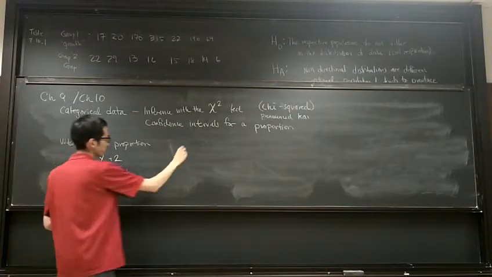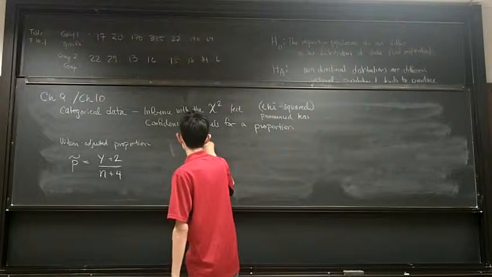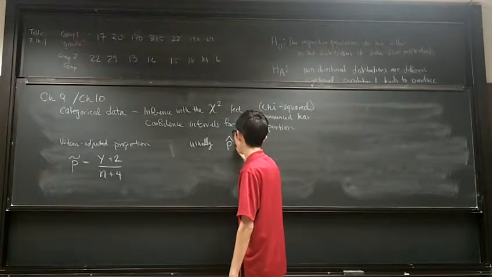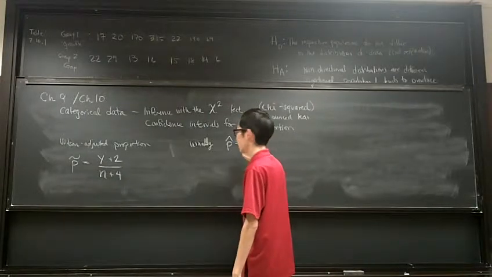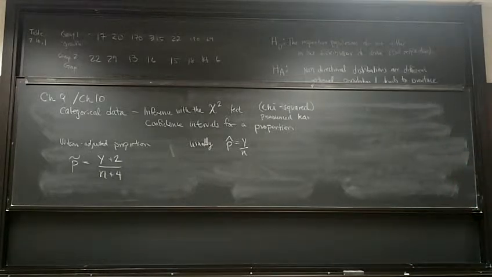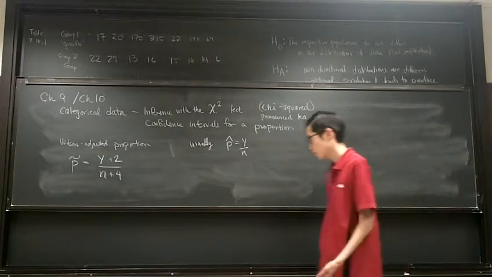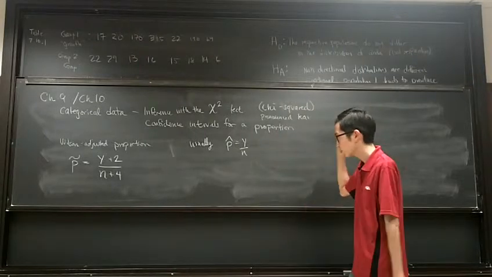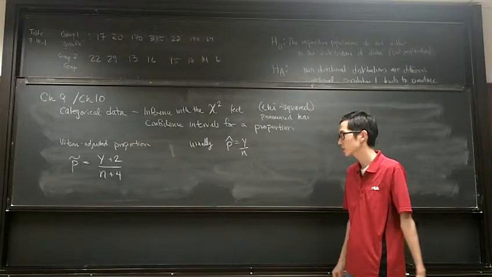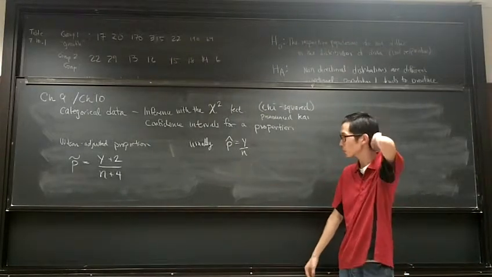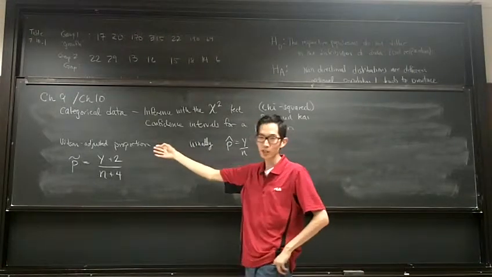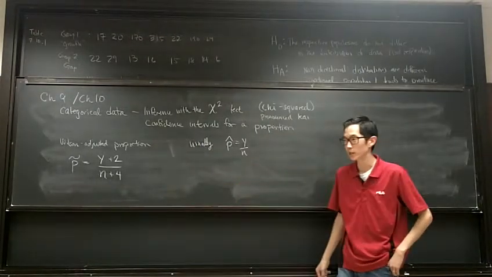Normally, when you observe categorical data, you would use p hat equal to y over n. So if you observed 100 people and 60 of them had brown hair, your p hat would be 60 divided by 100, 60% had brown hair. The Wilson adjusted proportion does something weird: we add 2 to our numerator and add 4 to our denominator.